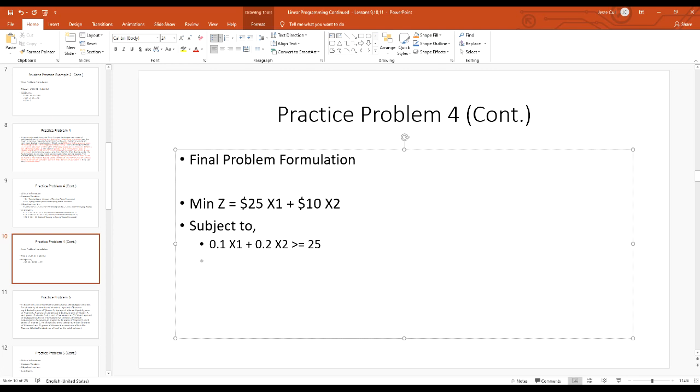We repeat the process for pollutant 2. And it must be a total of 35, or a minimum of 35 tons of pollutant 2 removed. Finally, in our final section, 2x1 must be greater than or equal to x2.